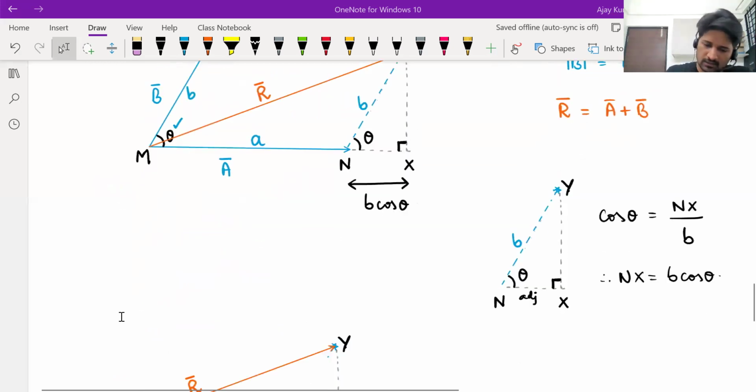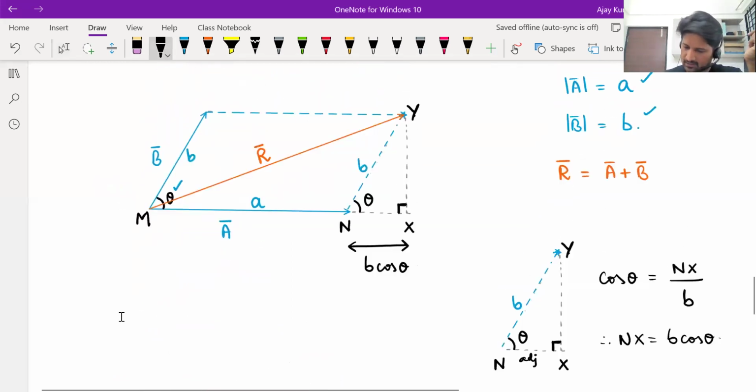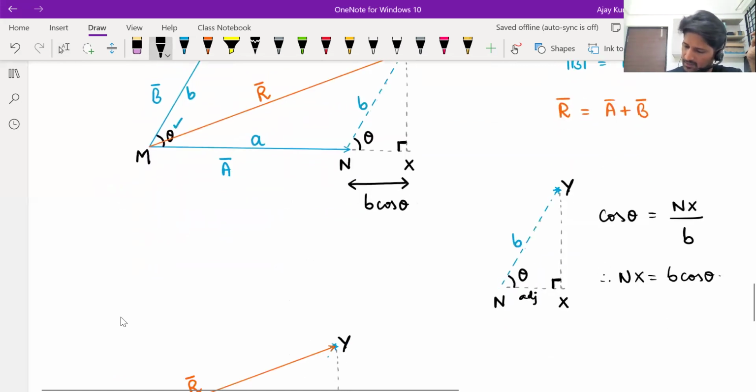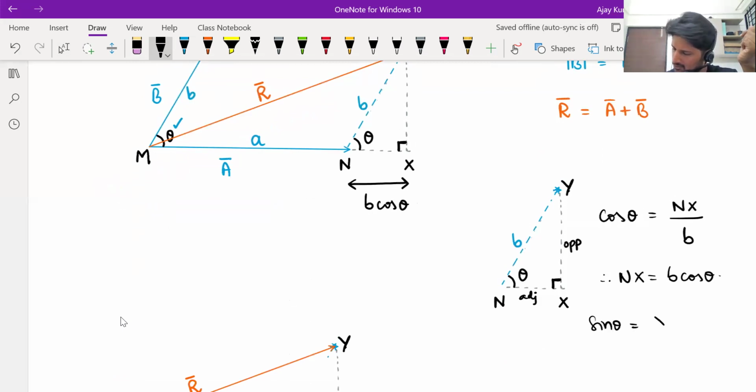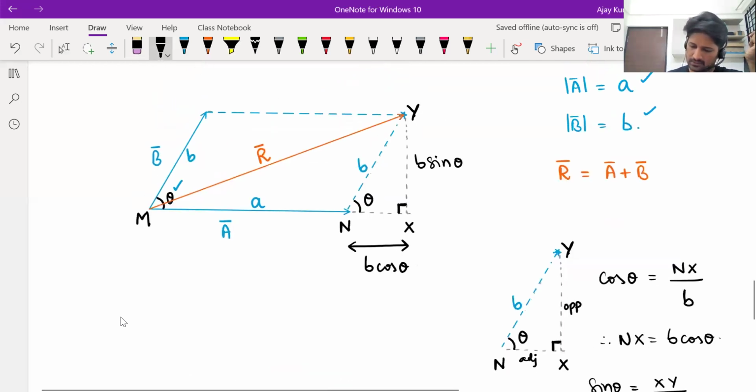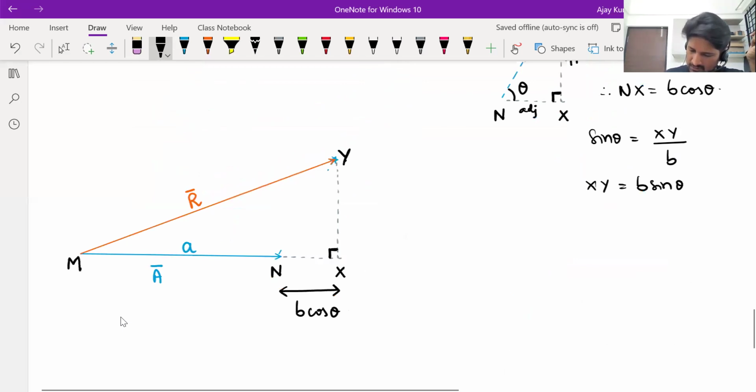In that small right angle triangle, the opposite side XY can be derived as sine theta is equal to opposite by hypotenuse. So XY becomes B sine theta. That we can write here. So this is B sine theta.